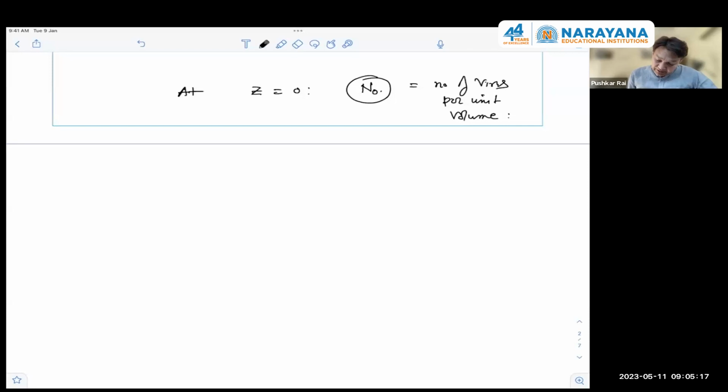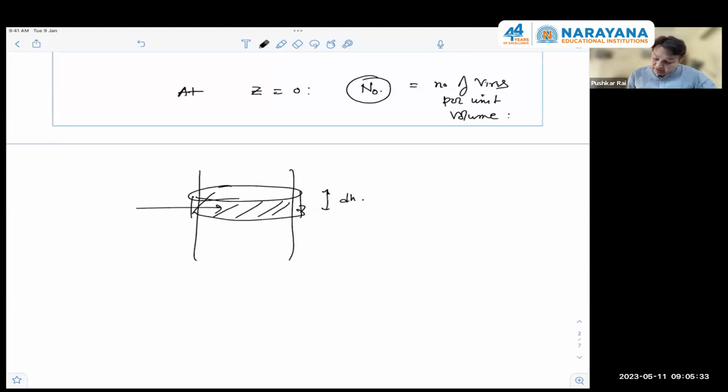So we will assume that at any particular height h, there is such a differential height, say dh. What is the density? Density is equal to say rho.